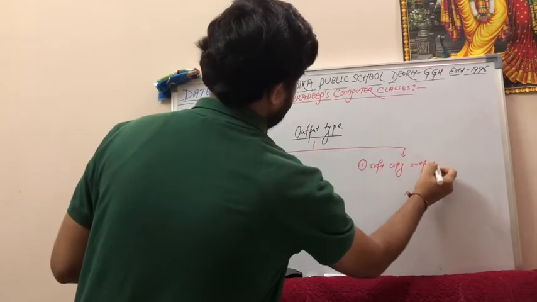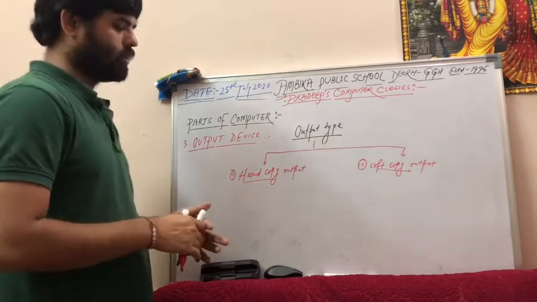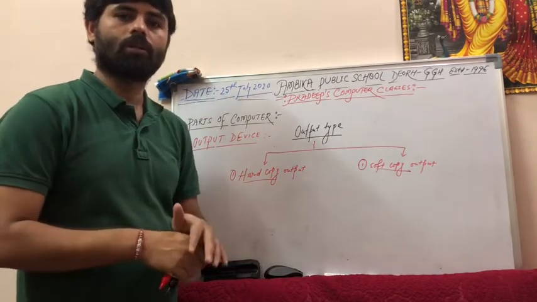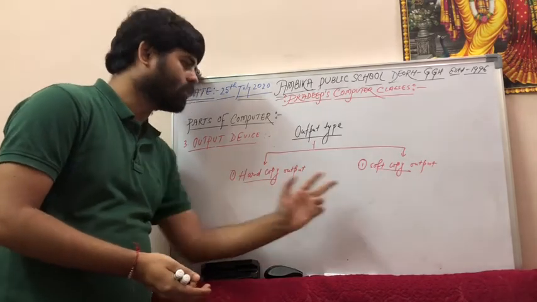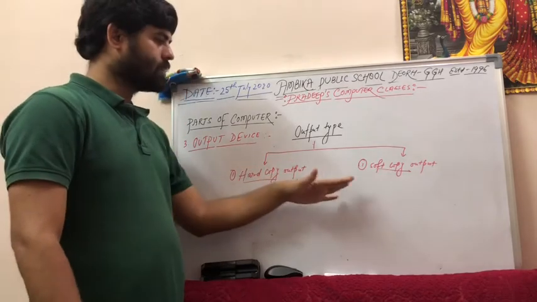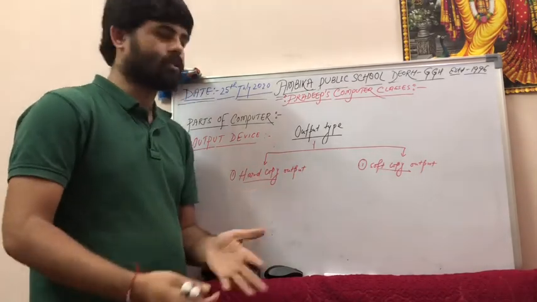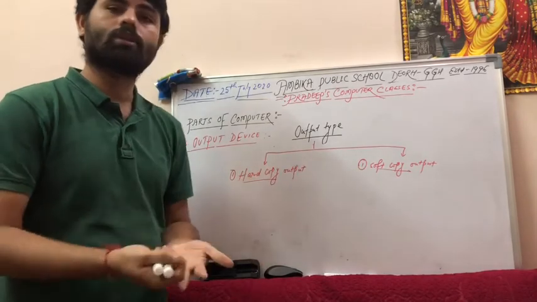See, you might have heard these words hard copy, soft copy. So you might be confused about what is the meaning of hard copy, what is the meaning of soft copy. Output type will have two things, hard copy and soft copy. We have seen something called hardware and software, right? It is similar. Hardware means you can touch, software means you cannot touch. Hard copy means you can touch, soft copy means you cannot touch.